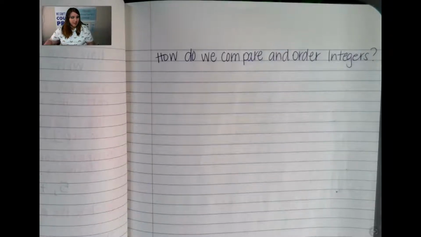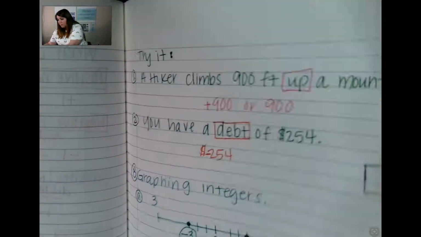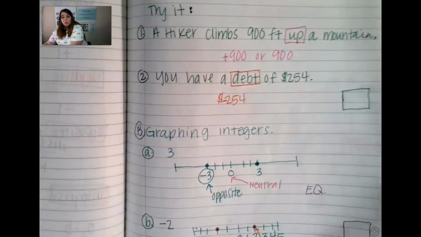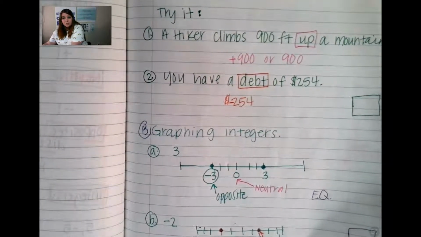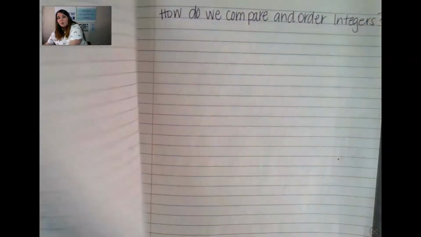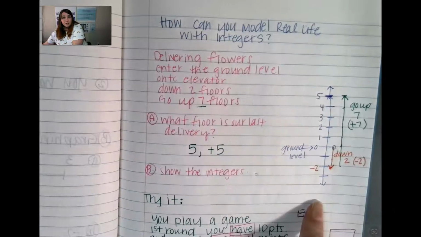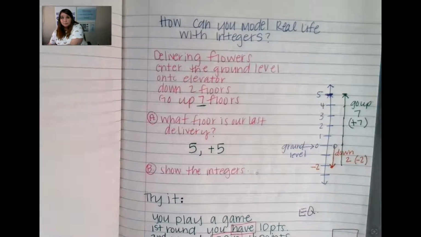So yesterday we looked at number lines and we were introduced to two types of number lines. First, a horizontal number line, which runs horizontally, and then a vertical number line, which goes up and down.